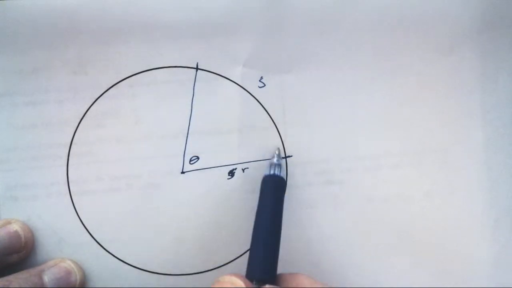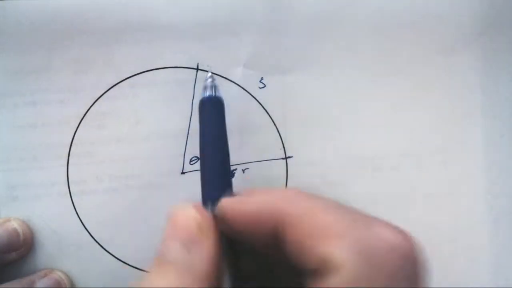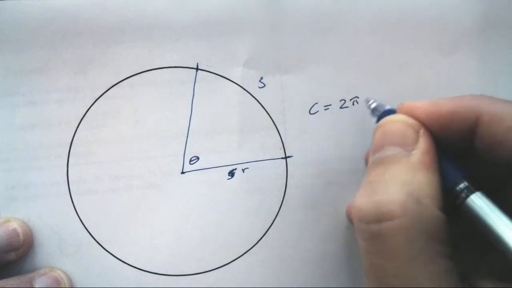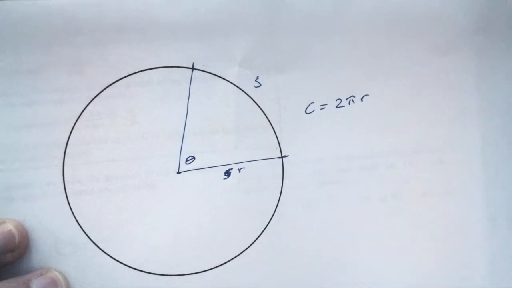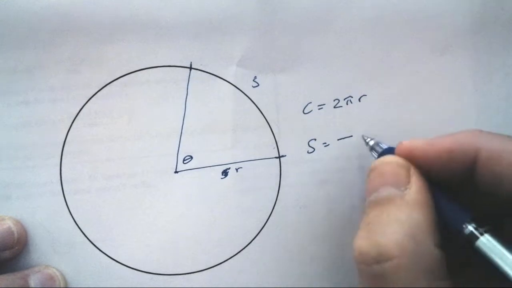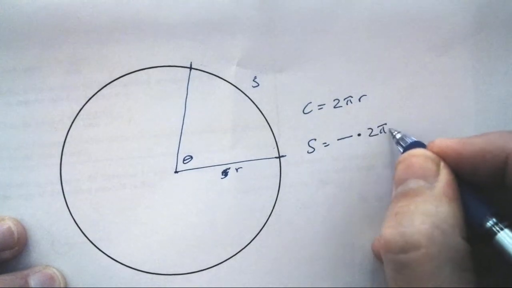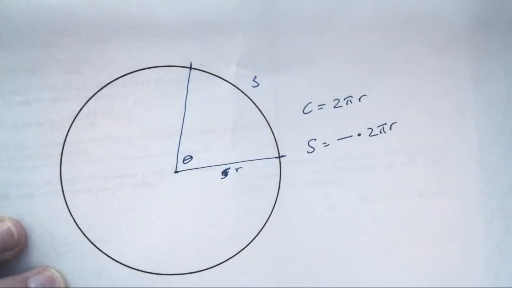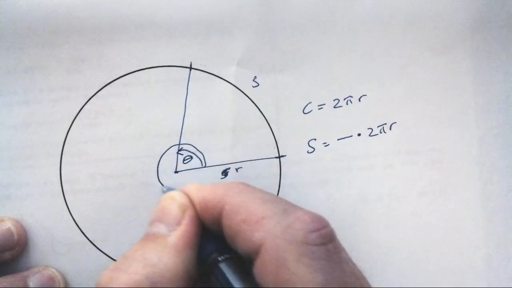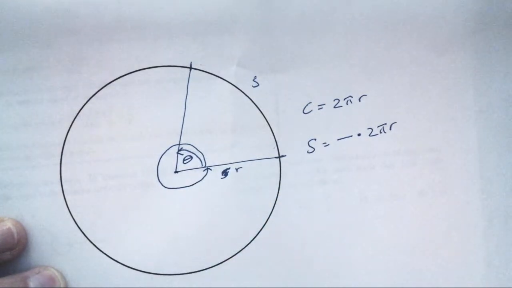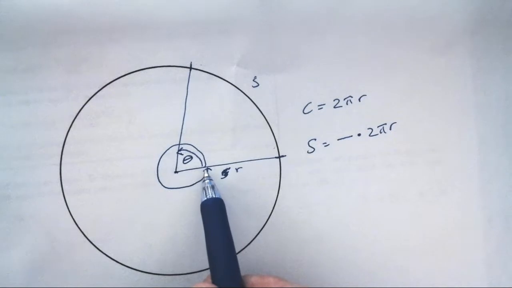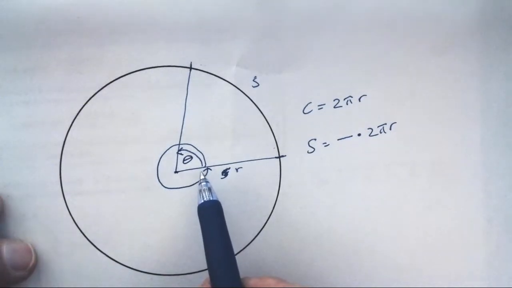So we're a fraction of the entire circumference. Well, what's our formula for circumference? Circumference, as we all should know, equals 2 pi r. The arc length is just a fraction of 2 pi r. What fraction are we dealing with here? Theta out of the full revolution. So we're dealing with theta degrees out of 360 degrees, but let's go to radian land with that.